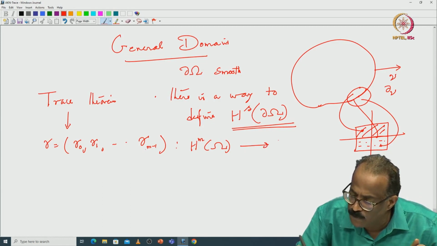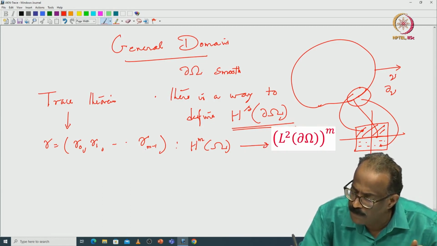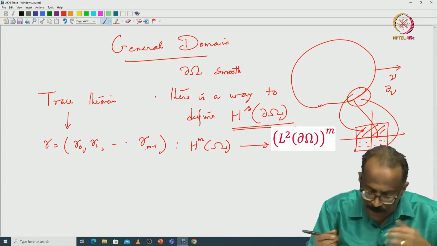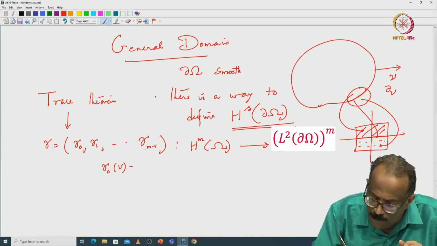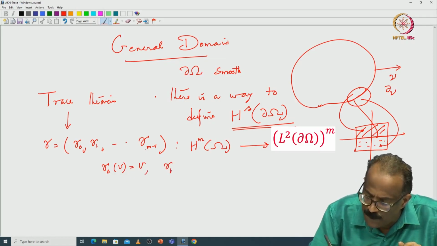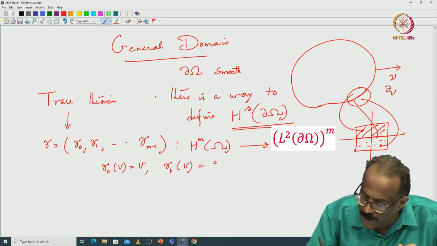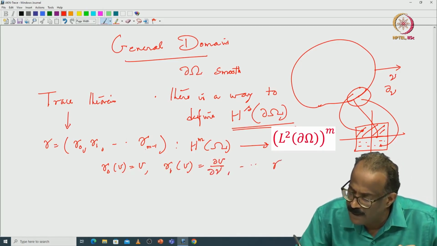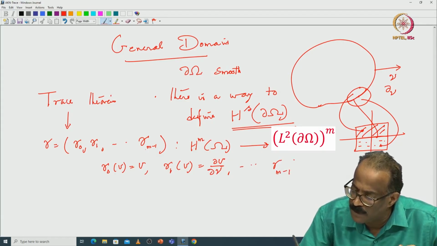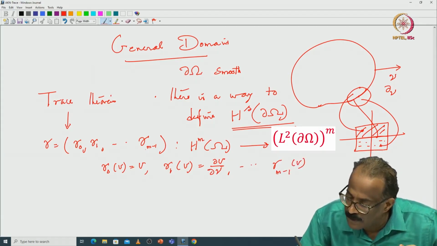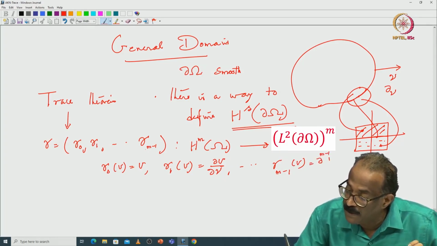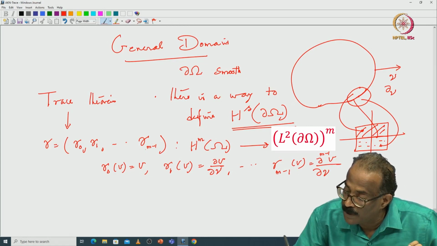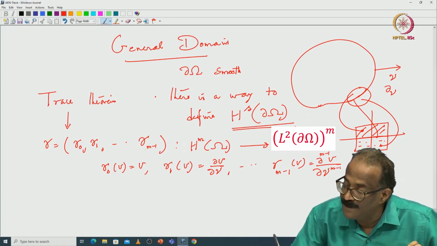to L2 of the boundary of omega, and if V is smooth, then gamma 0 of V is equal to V, gamma 1 of V is equal to dV by d nu, and so on. You can define gamma m minus 1 of V, which is equal to the (m minus 1)th derivative of V by d nu to the power m minus 1, if V is smooth.